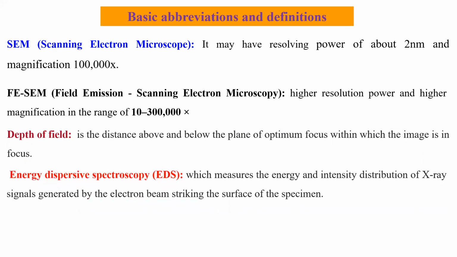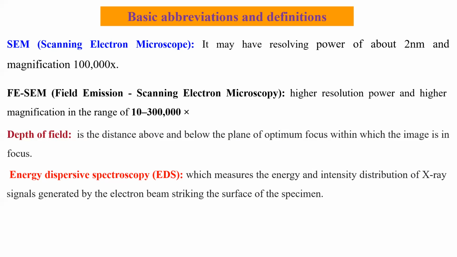And then energy dispersive spectroscopy. Scanning electron microscopy is mostly equipped with EDS analysis. By using that, we can quantify the elements present in the sample, measuring the energy and intensity distribution of X-ray signals generated by the electron beam striking the surface of the specimen.